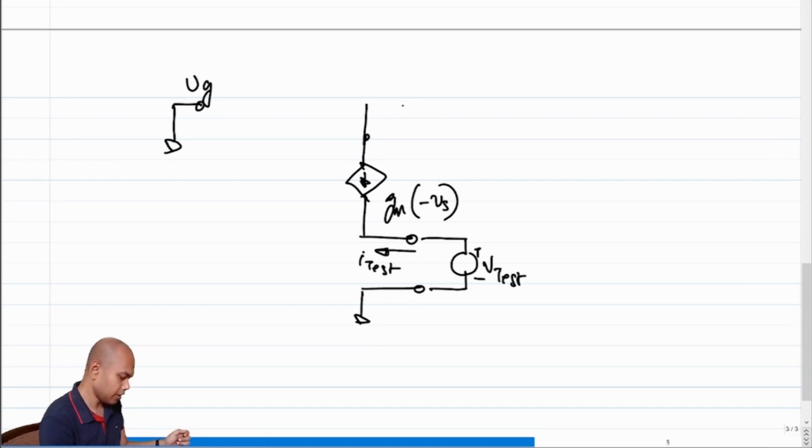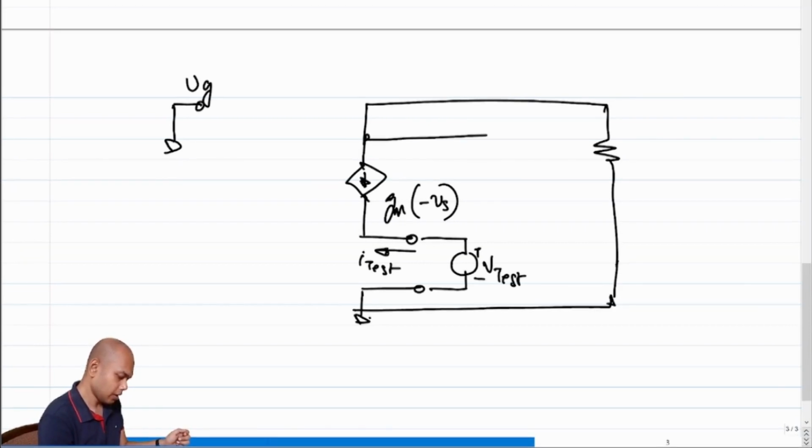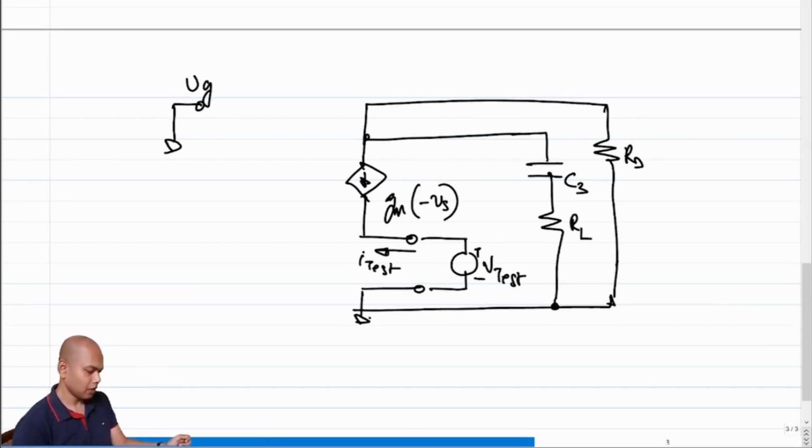At the other end of the drain, I have a resistance connected to ground, and I have a combination of capacitance and resistance connected to ground. Okay, so far so good.